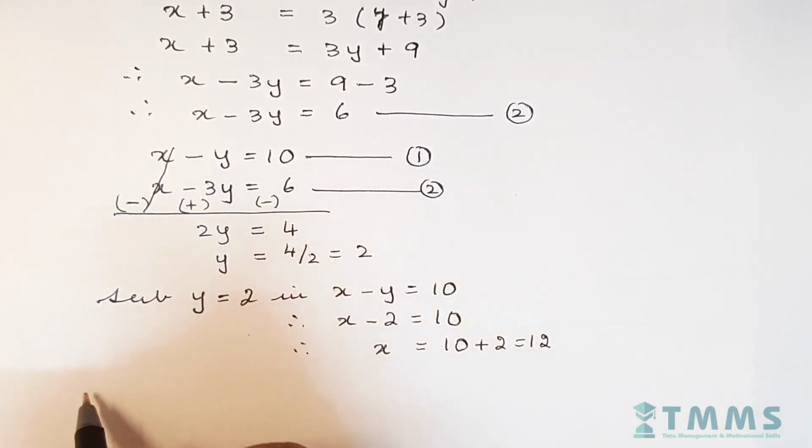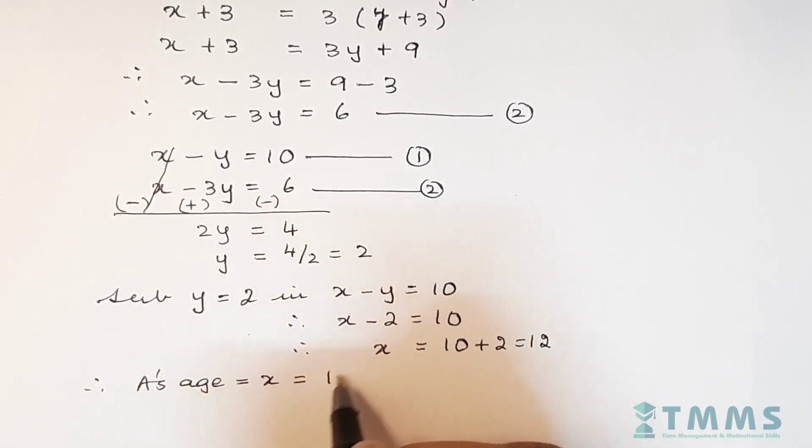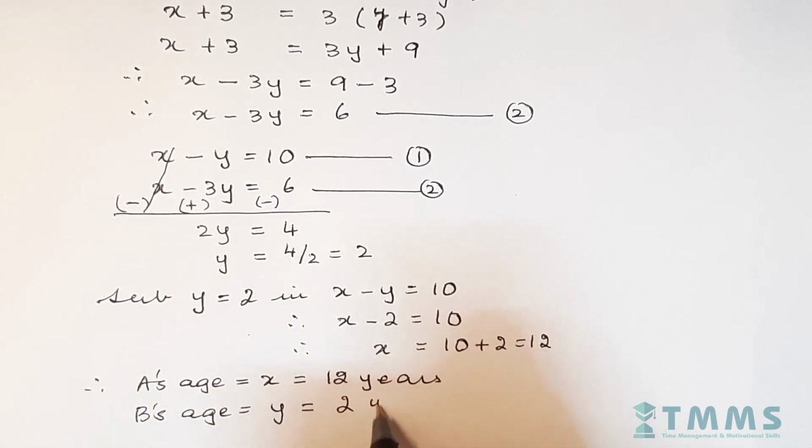And therefore we will say A's age is equal to X, which is equal to 12 years, and B's age, which is equal to Y, will be 2 years. And that is our answer.